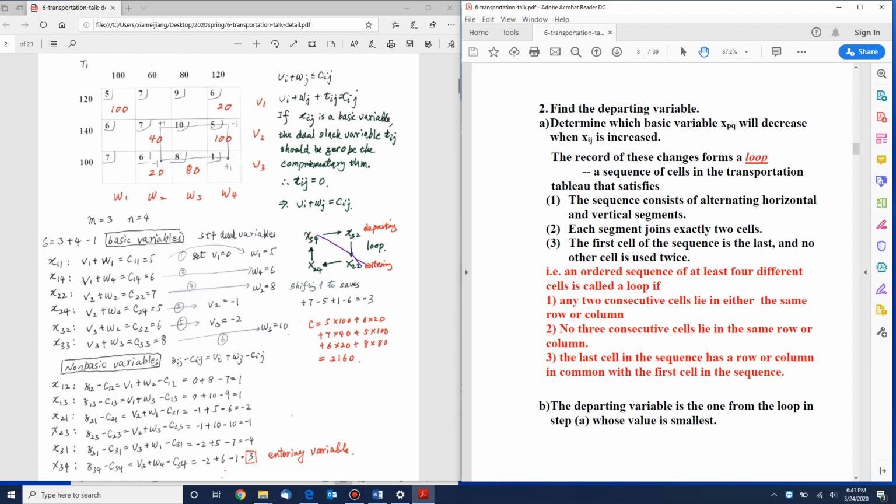So basically, whenever you have the entering variable, you just work on it. You have to keep the balance for each column and each row so that it will work. So cell 3,4 increases 1, then cell 2,4 has to reduce 1. When cell 2,4 reduces 1, then cell 2,2 has to increase 1. And then cell 3,2 has to reduce 1, right?